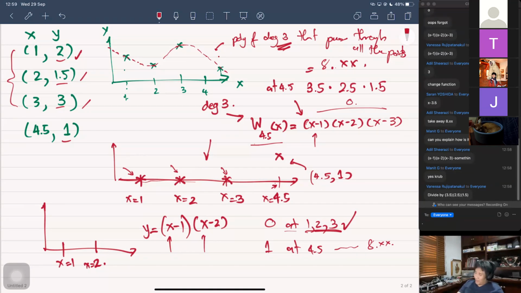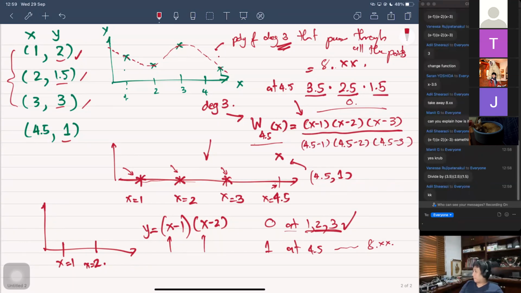And if I were to be smart, here's what I'm going to do. Because I want it to be 1 at 4.5, I'm going to make sure that I cancel all these. Specifically, I'm going to divide by 4.5 minus 1, 4.5 minus 2, and 4.5 minus 3.